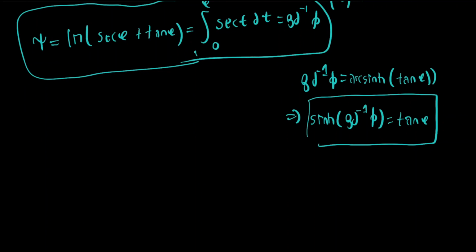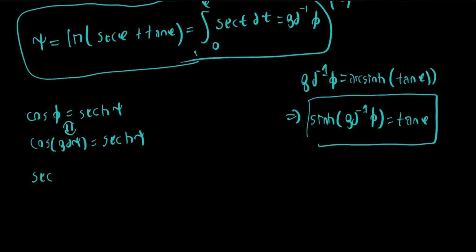But it doesn't stop here, because many other identities can be found, such as cosine of phi is equal to the hyperbolic secant of psi, or alternatively, the cosine of the Gudermannian of psi is equal to the hyperbolic secant of psi, or, for example, the secant of the Gudermannian of psi is equal to the hyperbolic cosine of psi.